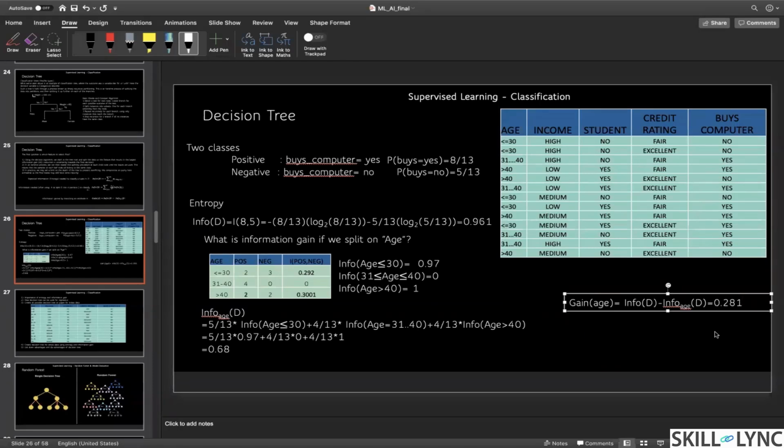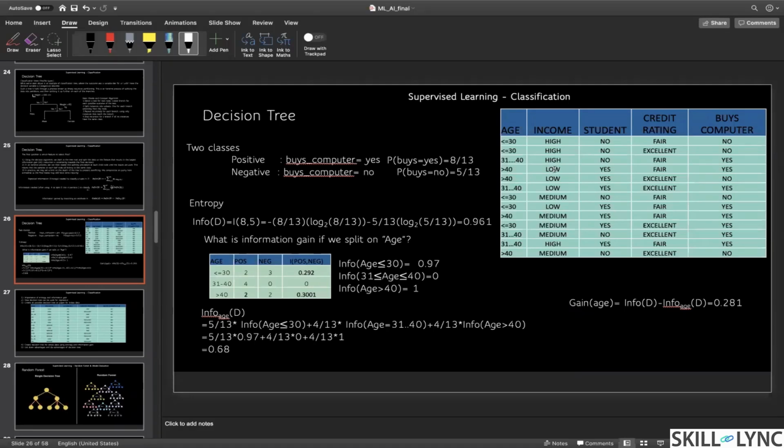This will be 0.281, right? Right. So now the importance of this is, see, first of all, this is the information gain. This is the gain value if I calculate for, similarly, if I calculate for income, student and credit rating, then it gives us the gain value for all the four features, right?